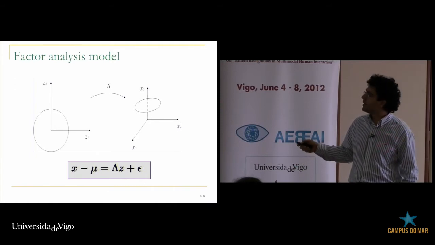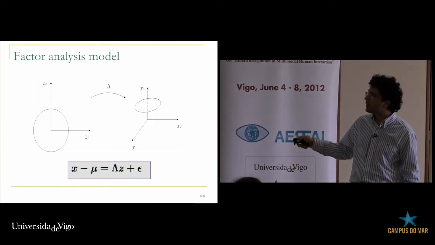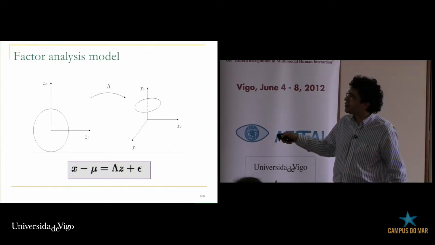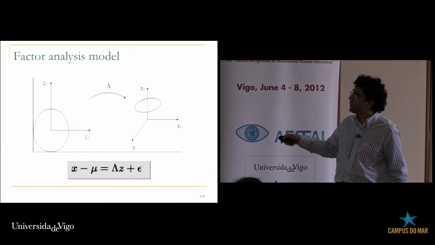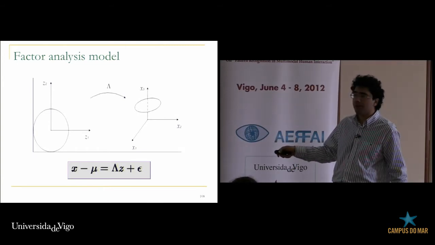Let's say this is 3-dimensional, and I have generated it from a univariate distribution in 2 dimensions, and then I multiplied it with a factor loading matrix, which is, let's say, P times D. P is a small dimensionality, and D is the large dimensionality. And I transferred it to this high dimensional space. And then maybe I translated it with this mean vector. And then there is some noise.